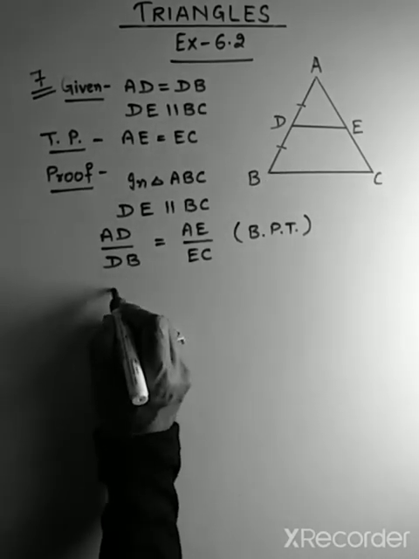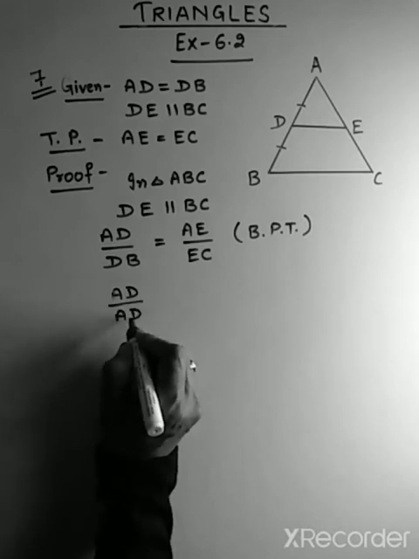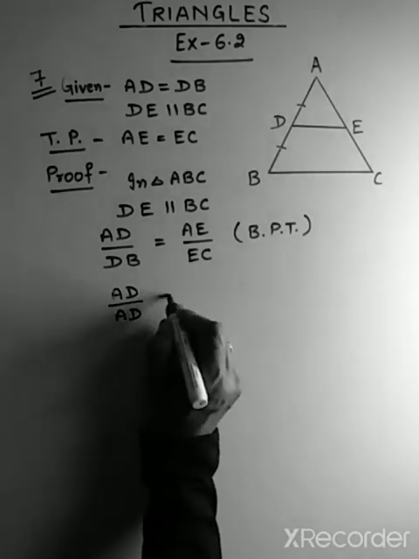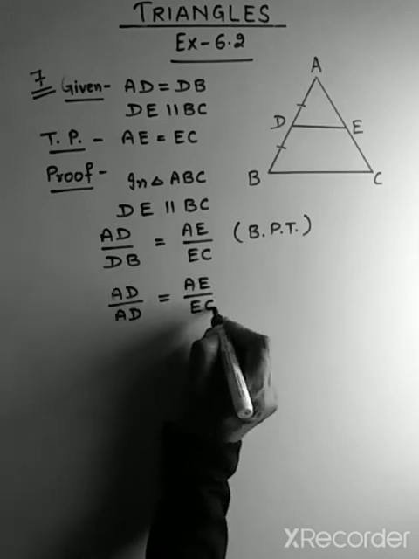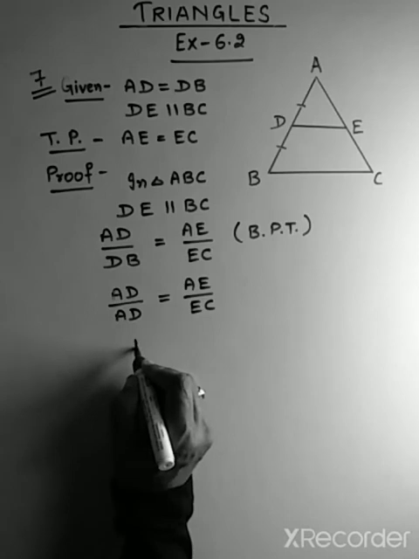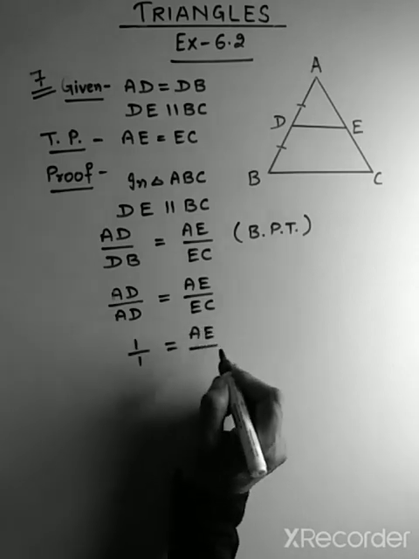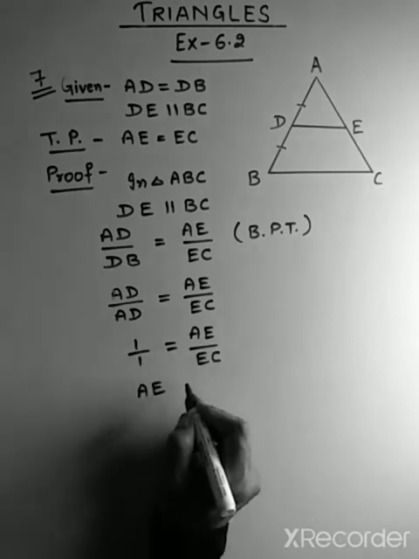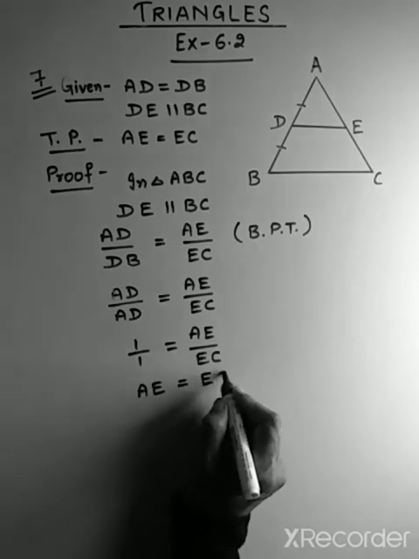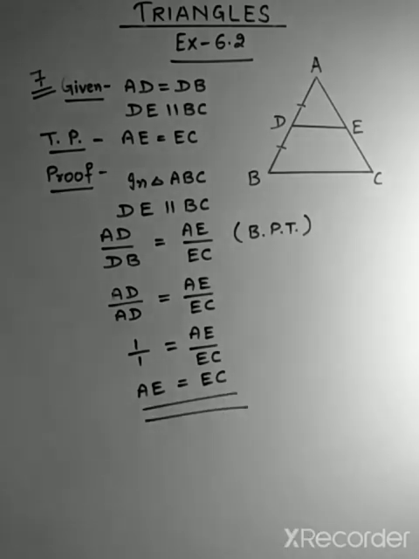So in place of DB we can write AD, so AD upon AD equals to AE upon EC. This will cancel out each other. So 1 upon 1 equals to AE upon EC, or after cross multiplication we will get AE equals to EC. This we have to prove, or we can say E is the midpoint of AC.